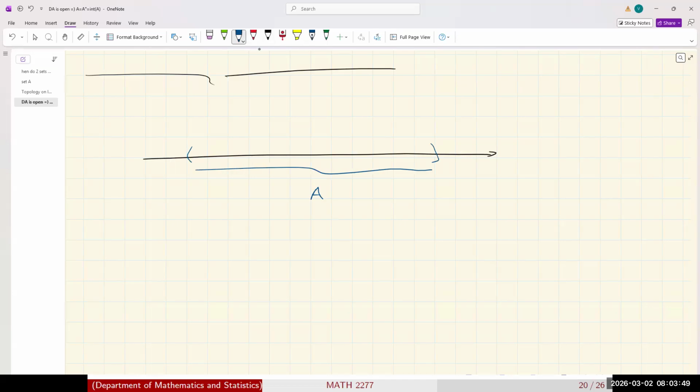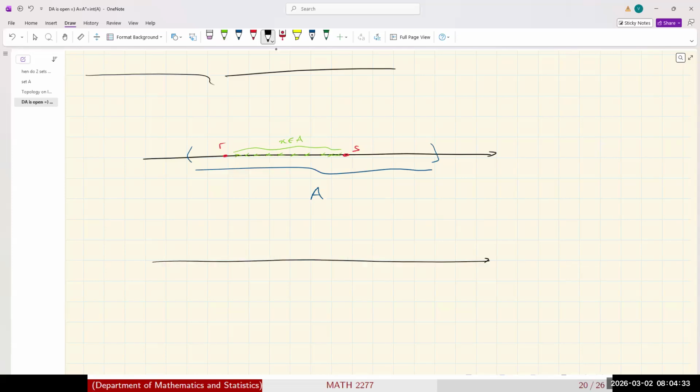It turns out this set A is connected, and the reason for that is because if I take any two numbers belonging to A, any two distinct points R and S, it doesn't matter where they are, then notice that every single point in between R and S, so these are your X's, also belongs to A. If this is possible for every single R and S, so vary these red points, if this is always possible, then we say that the set A is connected.